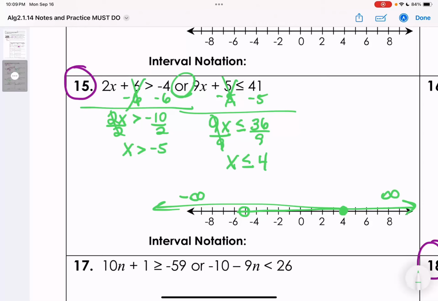We call this solution all real numbers when the number line is completely covered in whatever you just graphed. So the interval notation is simply negative infinity to positive infinity. And remember, infinity is always open.